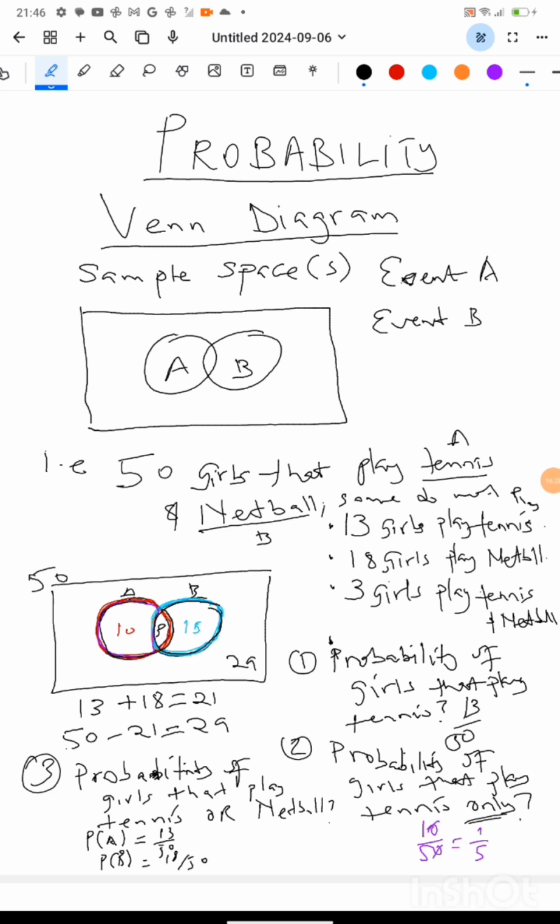So what is the probability of girls that play tennis or netball? That will be 13 out of 50 plus 18 out of 50, which is 21 out of 50. So the probability of having the girls that play tennis or netball will be 21 out of 50.